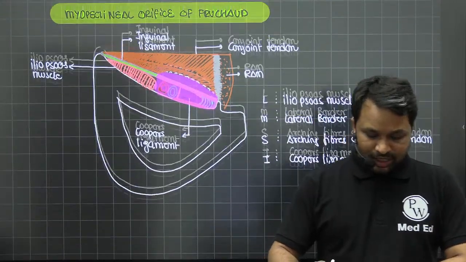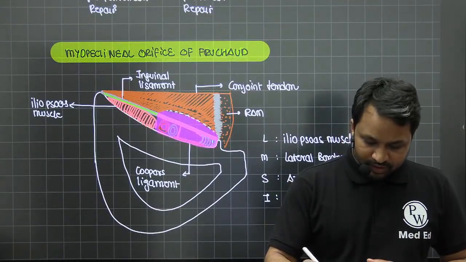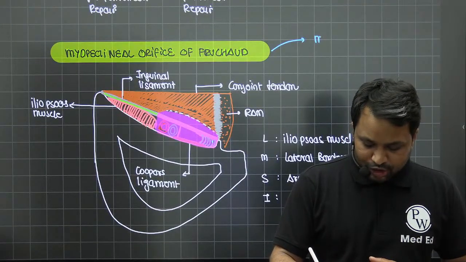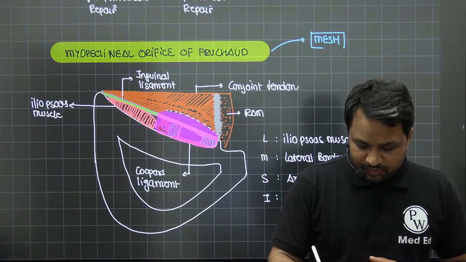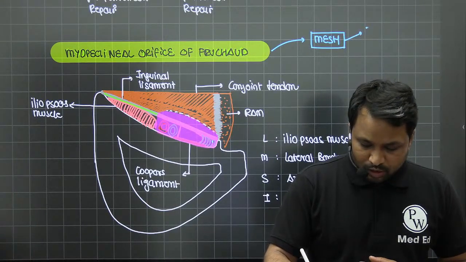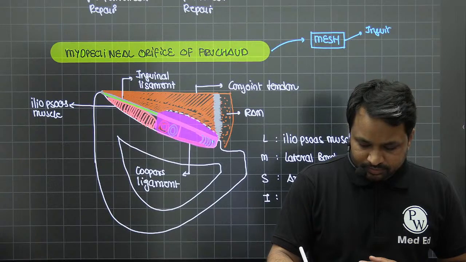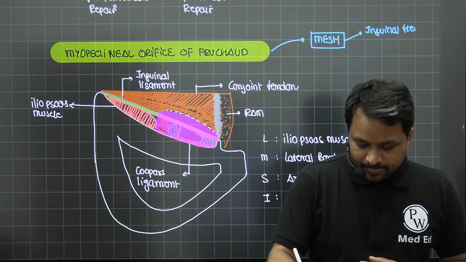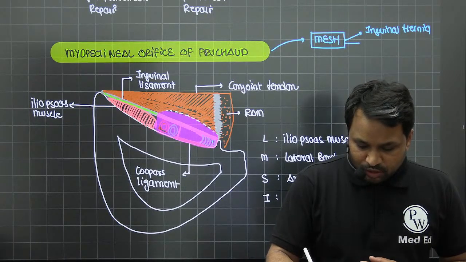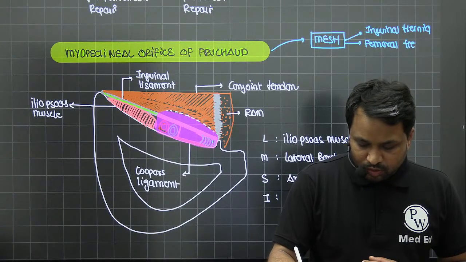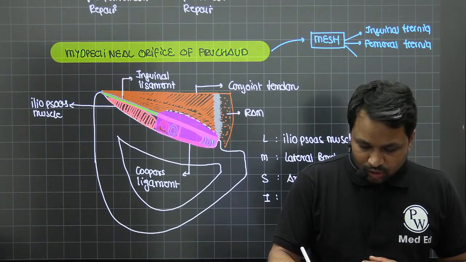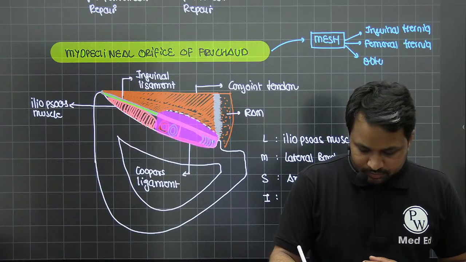If you cover the myopectineal orifice of Fruchaud with the mesh, you cover your inguinal hernia, you cover your femoral hernia, and you also cover your obturator hernia.